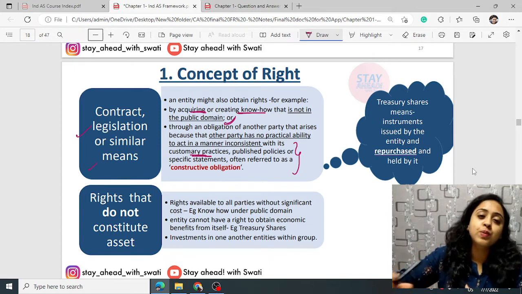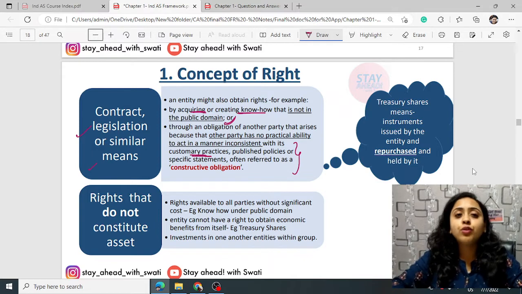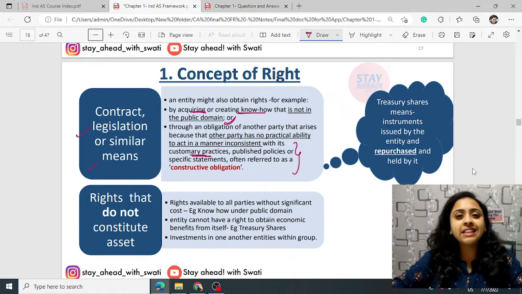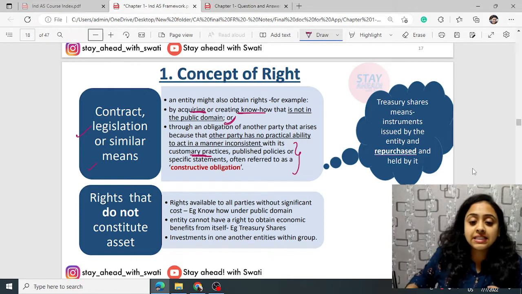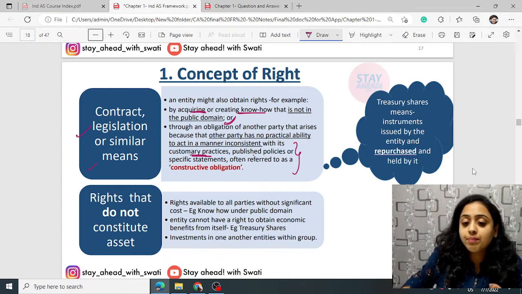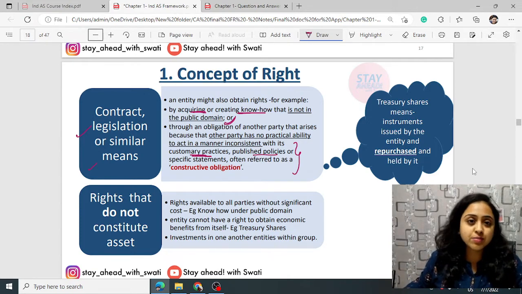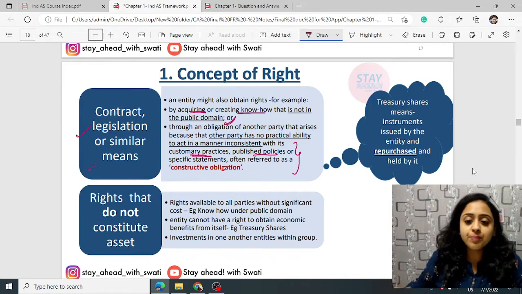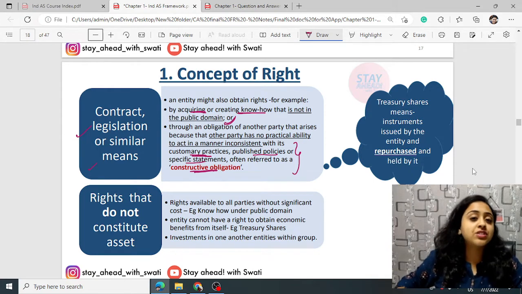For example, if you go and purchase a fridge or a washing machine, it's their policy that they deliver to you. That is their business policy, that is their customary practice. Published policy is written in their terms and conditions and published in their annual accounts and all. Or specified statements, often referred to as constructive obligation. This is always termed as constructive obligation.